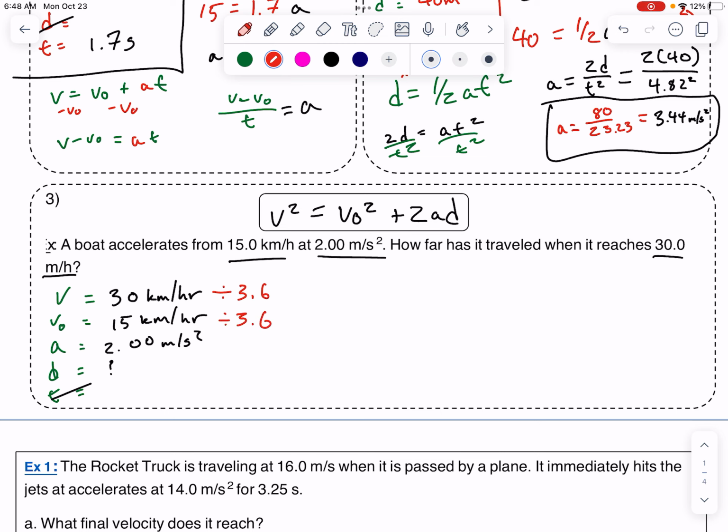And we can get into the why. This is essentially just thinking about how many meters are in a kilometer, divided by how many seconds are in an hour. And we're going to be left with a final velocity of 8.33 and an initial velocity of about 4.167.